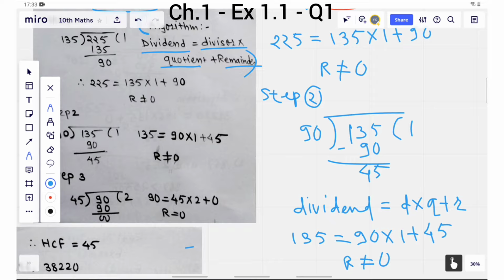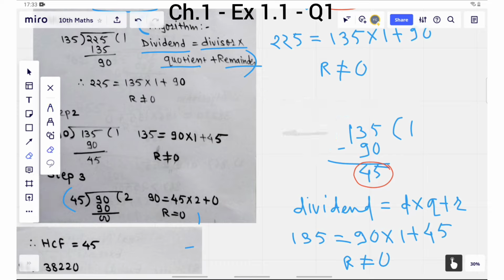Now see here, in the third step we have to take the divisor and remainder from the second step, and we have to divide that 90 by that 45.